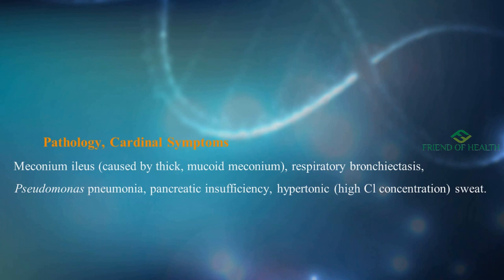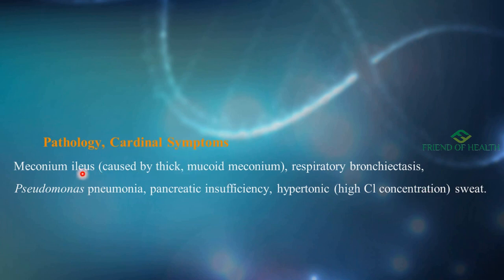Then one very important question, hypertonic sweat or high chloride concentration in sweat. This is a very repeatedly asked question about cystic fibrosis. So this you have to remember from the cardinal symptoms.